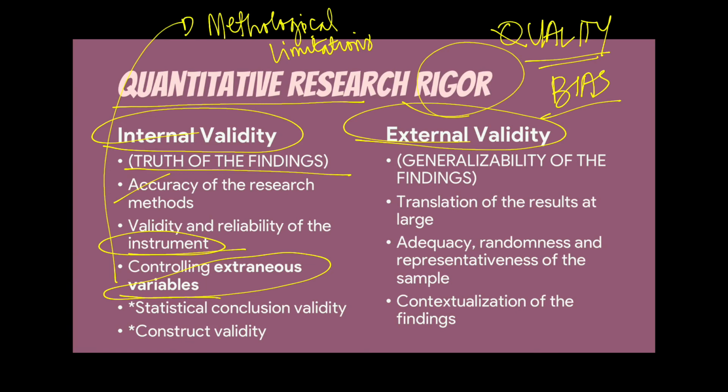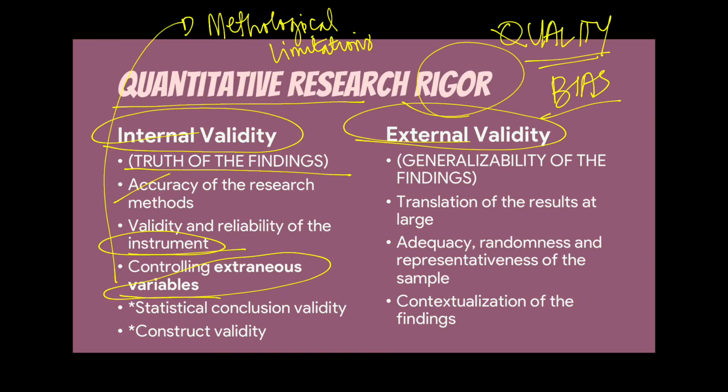And what they do here is give a full disclosure. You know what? This is what we measured, but we know based on the related literature and common sense that there are many things that we weren't able to control. So it's up to you, the reader, whether you accept the truthfulness of our findings or not. But again, if you can control, then you should control those extraneous variables.